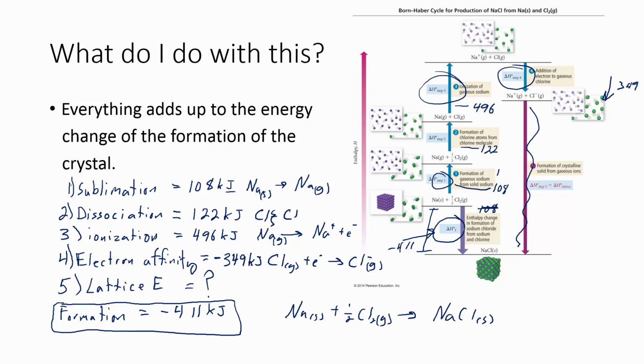And when we do that, and we set up the equation, we're saying negative 411 kilojoules is equal to 108 kilojoules plus 122 kilojoules plus 496 kilojoules, we're just adding these all up, plus a negative 349 kilojoules, plus the lattice energy.